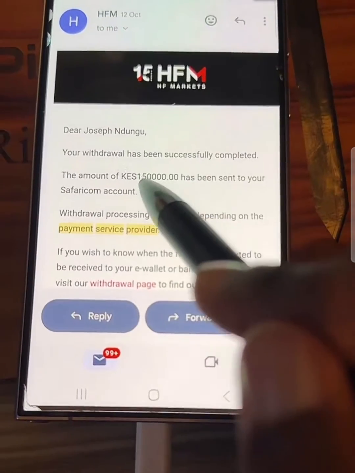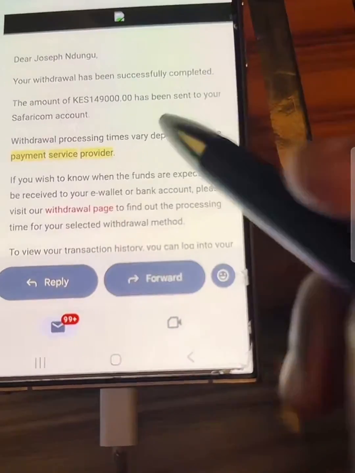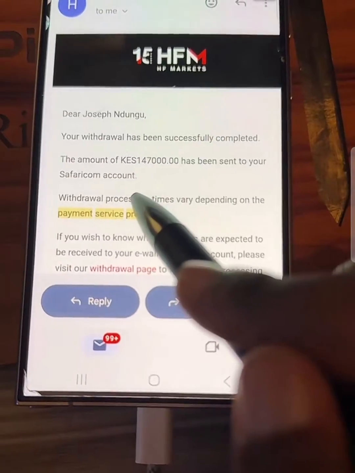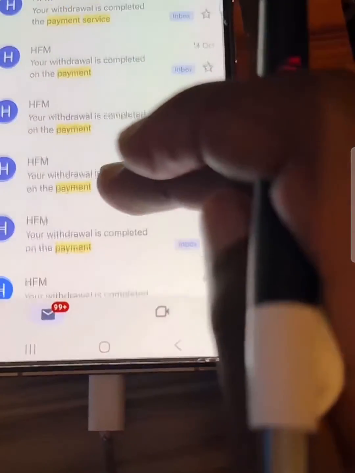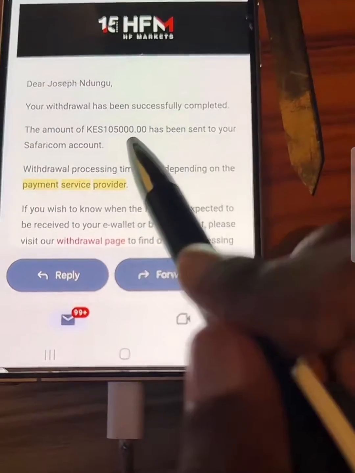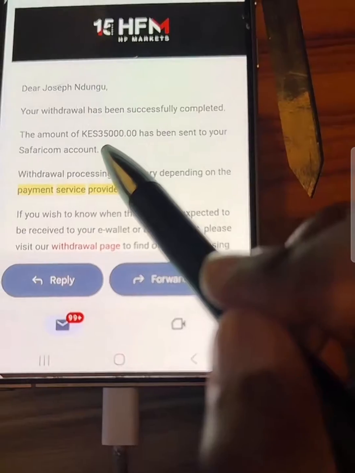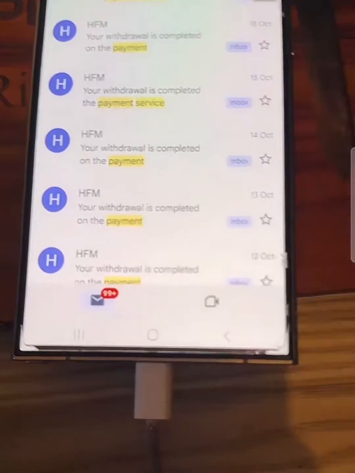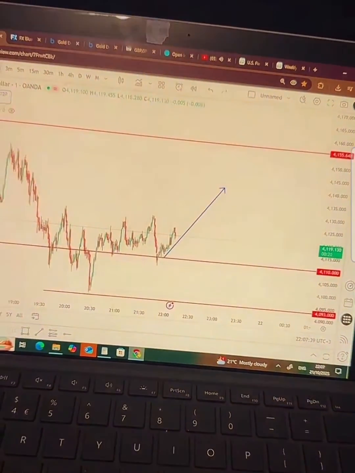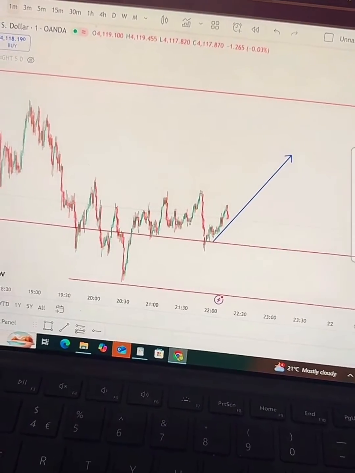Date 12, 150. I withdraw 150 because it's the maximum withdrawal for HFM. Date 13, 149. Date 14, 147. Date 15, 90,000. Date 18, 105k. Date 20, 35, for maize. Today I also withdrew for maize. 2200 I got from scalping. I'm teaching you here and you just laugh.